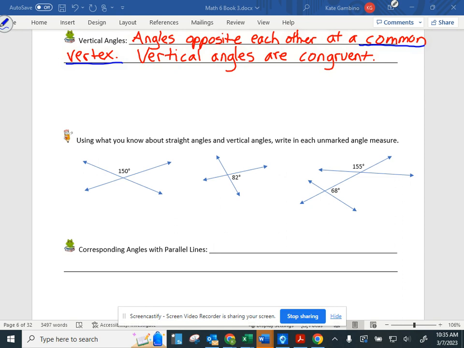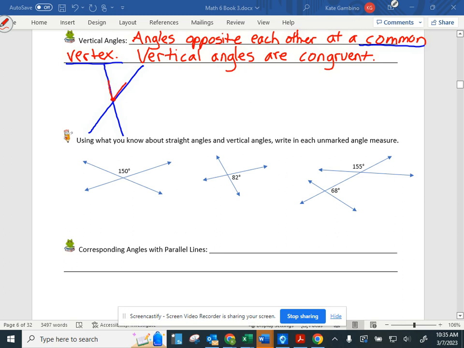James? What do you mean by a common vertex? I'm going to show us. I'll show us examples, okay? So they're going to meet at the same point. So I want you to draw your example. You're going to draw a line. And then you draw another line. So if we look at our angles, we can see there's an angle here.